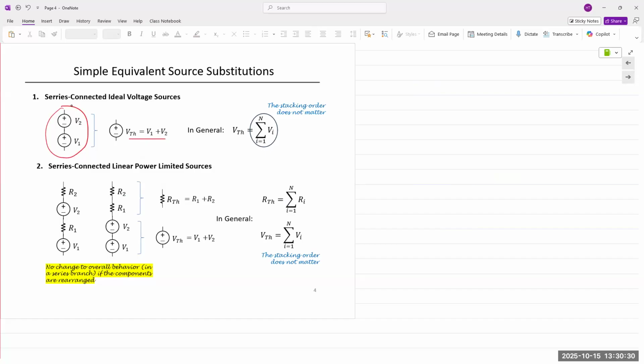And then we can say that the total voltage appearing at the outer two terminals is simply a sum of those two voltages. So in general, VTH is simply a sum of all the voltage sources in that series connection.